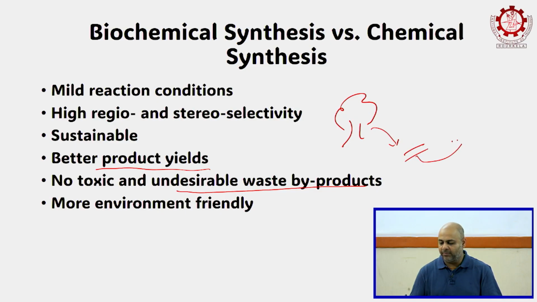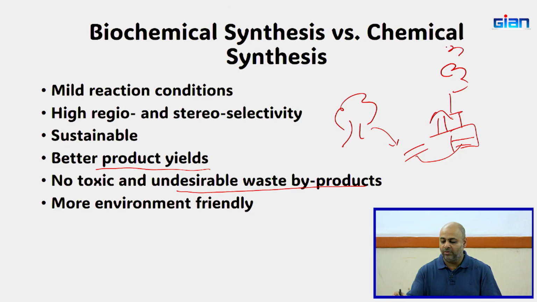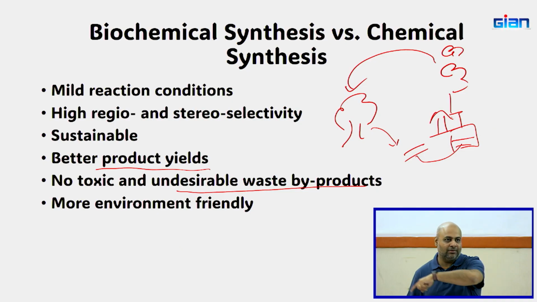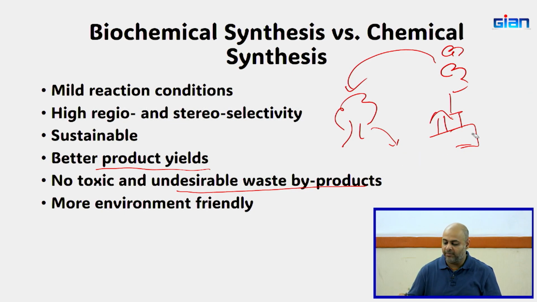You use that fiber for making clothes. Now, in the production of the clothes, CO2 is generated. So let's say this is the industry which is producing the clothes. They are generating the CO2. Now this CO2 is again used by the plant to grow, right? So basically it becomes a carbon neutral cycle. So that is what I am talking about. It's more environment friendly.